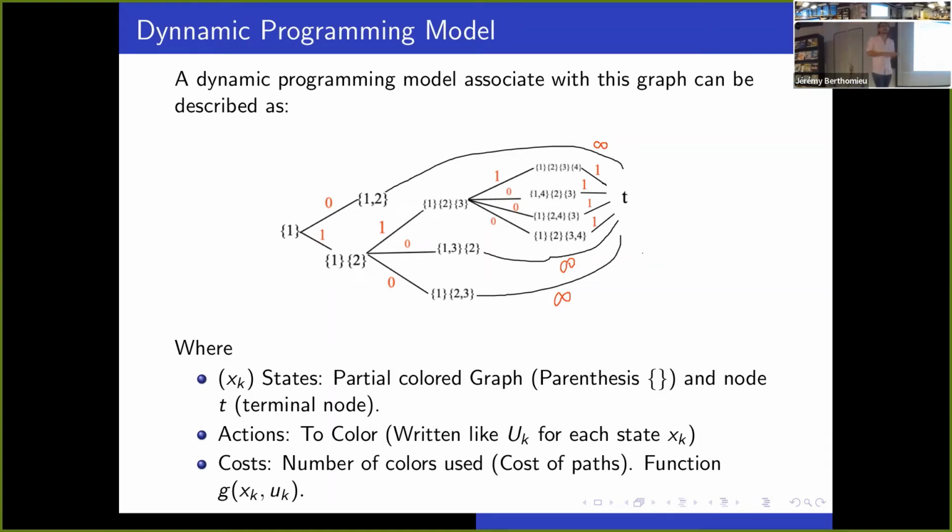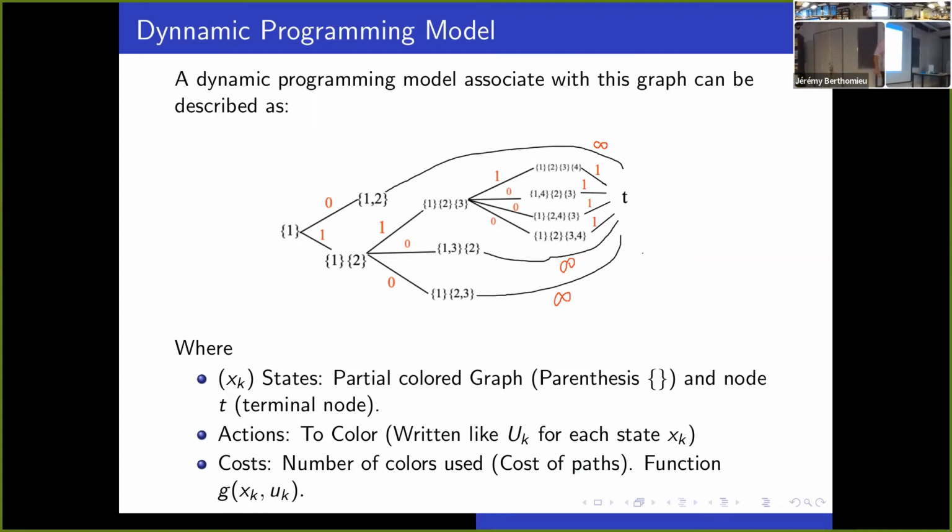Maybe you can draw the graph or remember. You have actions to color, and you can color from this step.